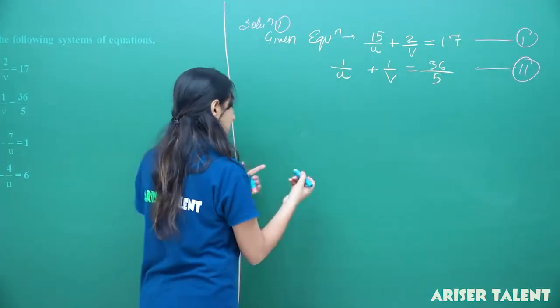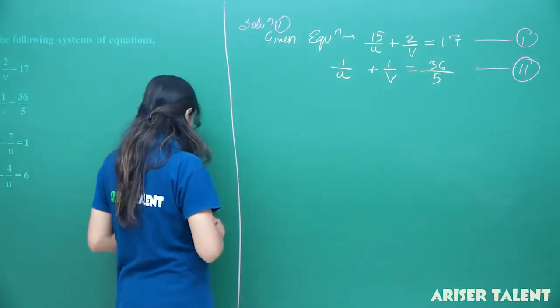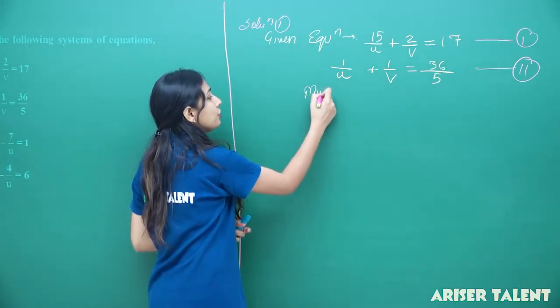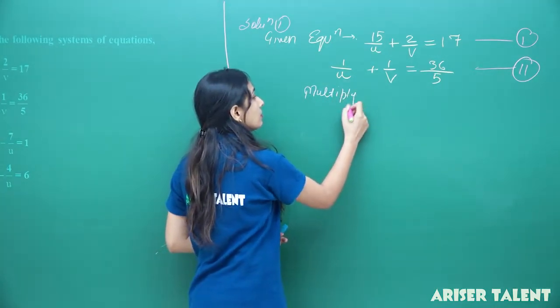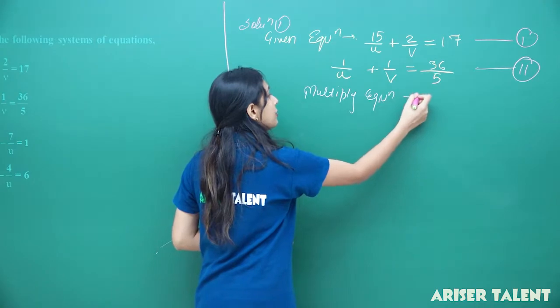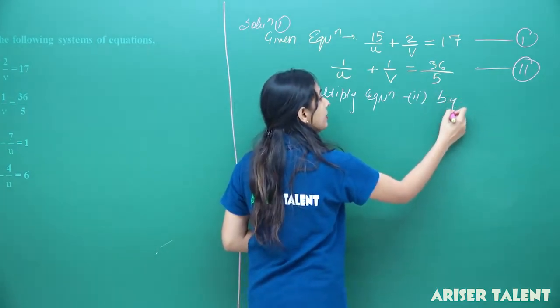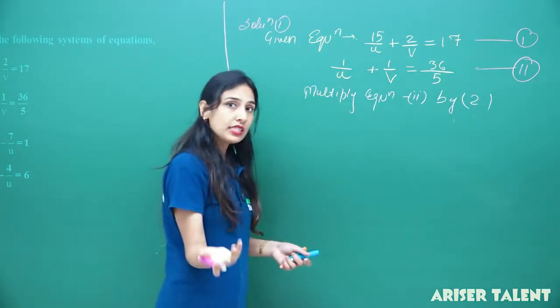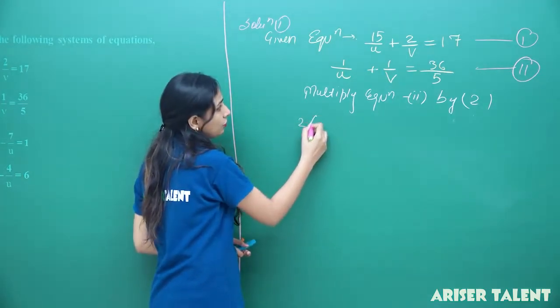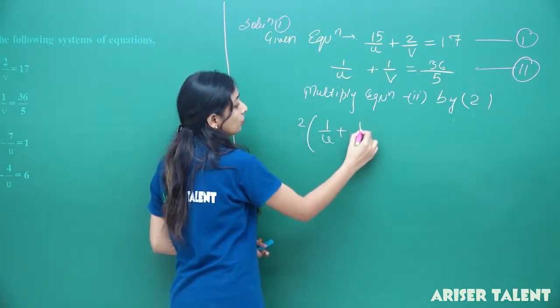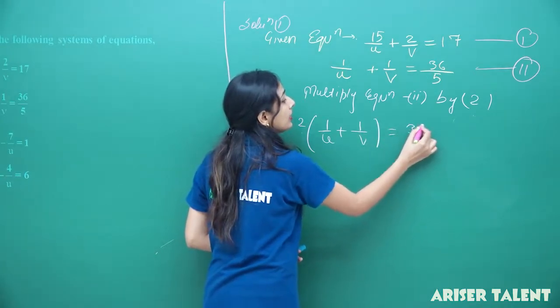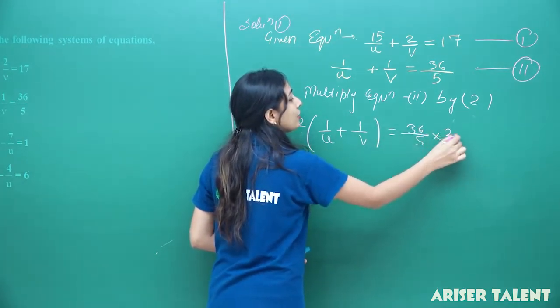So what I will write here: multiply equation 2 by 2. That will become 2 multiplied by 1 by u plus 1 by v equals 36 by 5 multiplied by 2.